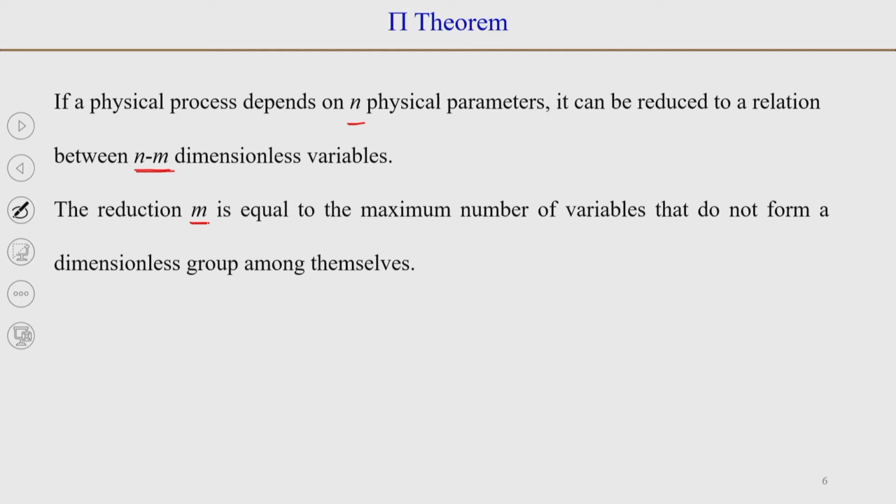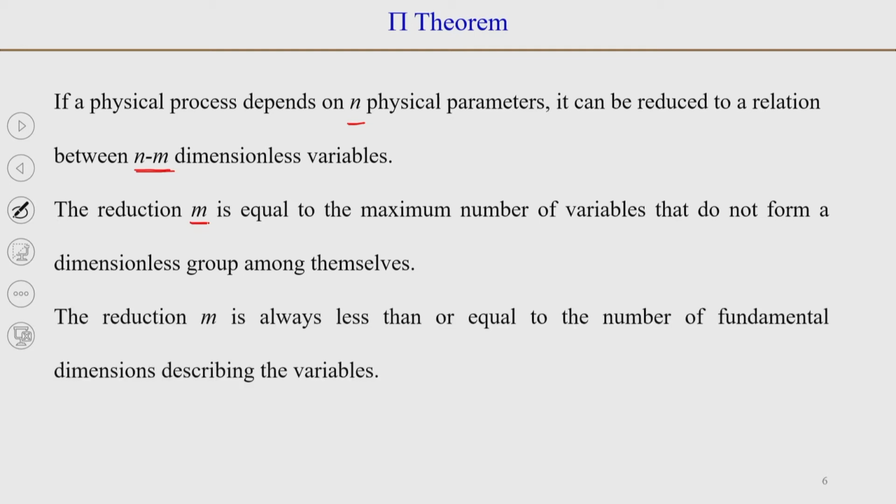Often this m is equal to, and in some cases less than, the number of fundamental dimensions. Fundamental dimensions are the dimensions of base quantities, M, L, T and theta in fluid mechanics, the problems that we will be looking into.